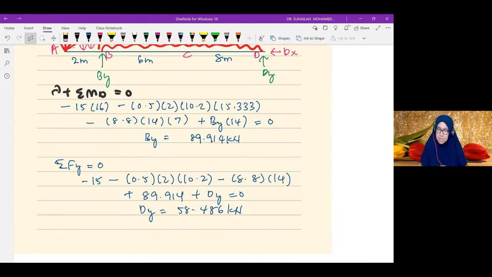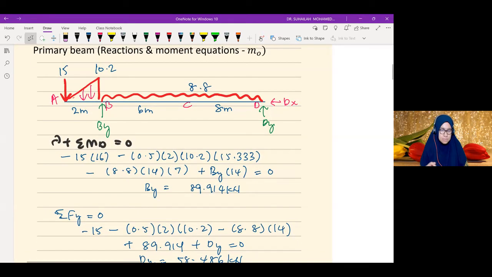So it is 58.486 plus 89.914 minus 15, minus 8.8 times 14, minus 0.5 times 2 times 10.2.